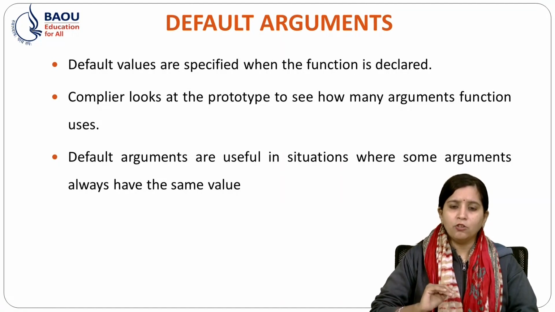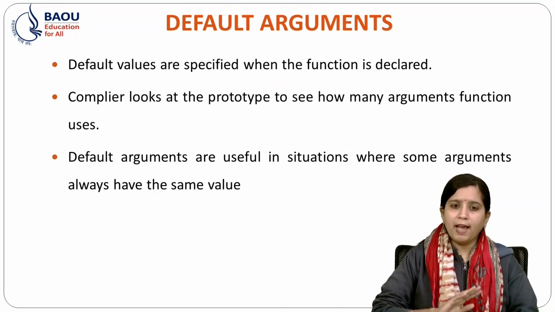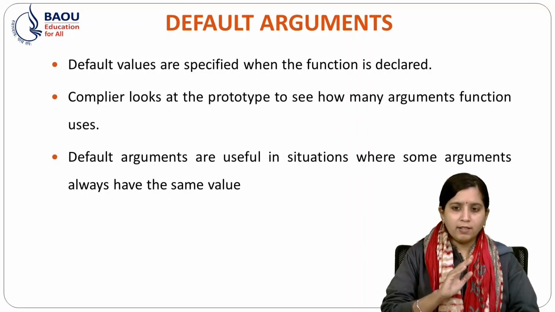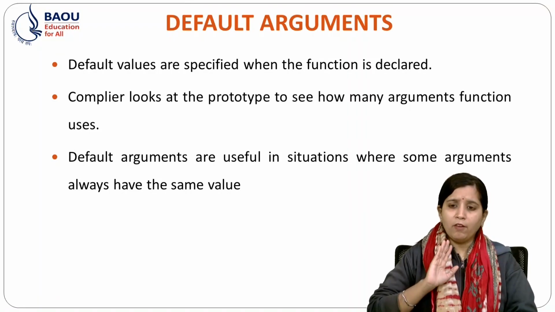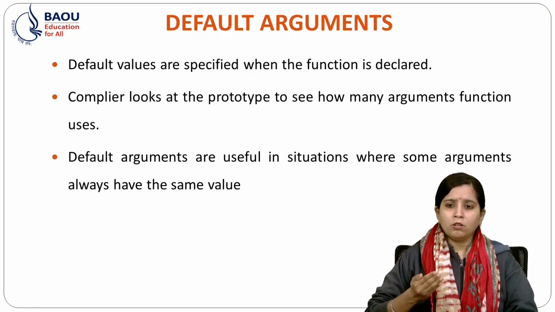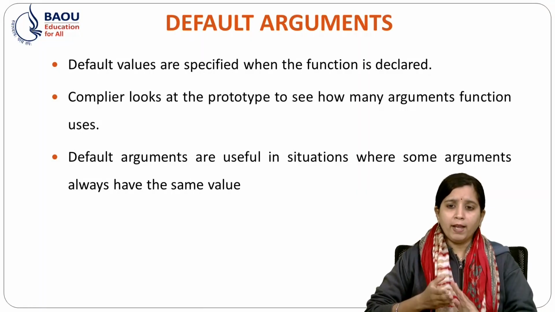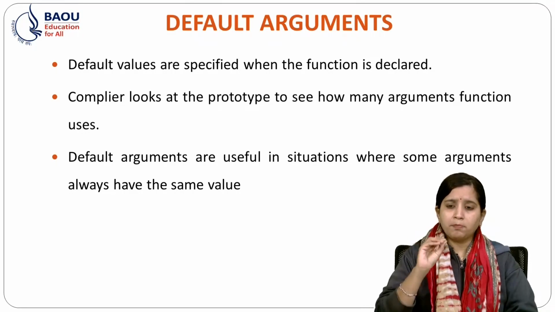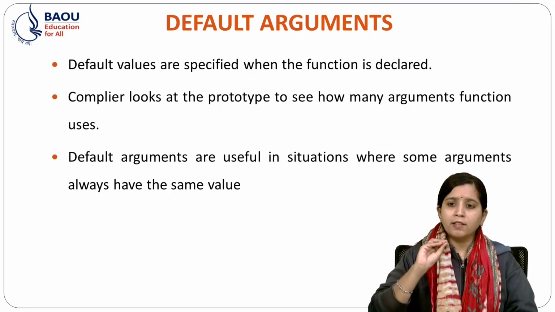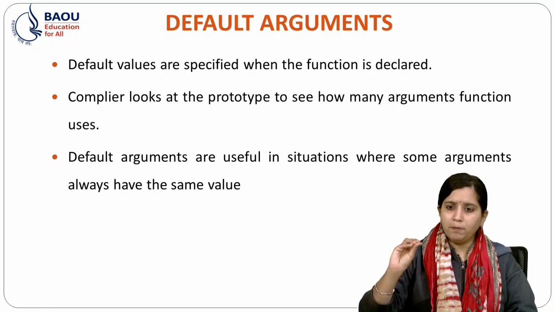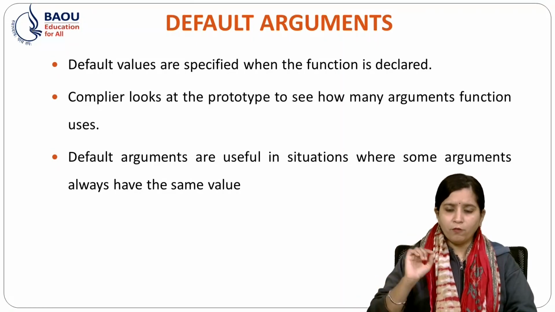Default arguments are useful in situations where some arguments always have the same value. For example, if I want to get the area of my circle, then the pi value always has the same value in all the programs, that is 3.14.